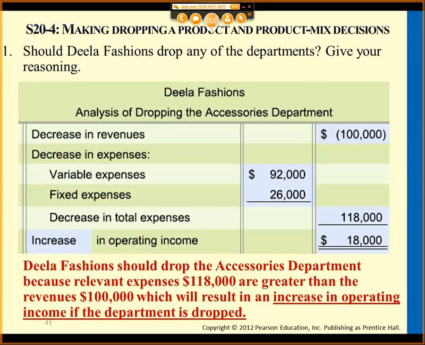So we definitely need to drop the accessories because they were operating at a loss. So our relevant expenses are 118,000, right? You just told us how to get that. And that means that there is an increase of 18,000. Did you understand how we decided on accessories and how we calculate?